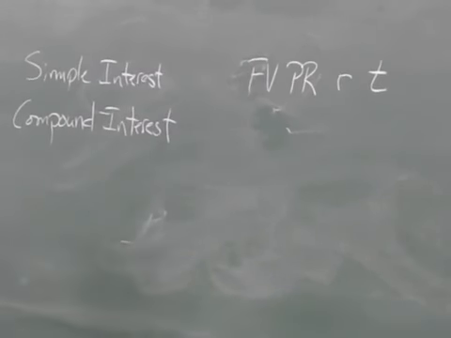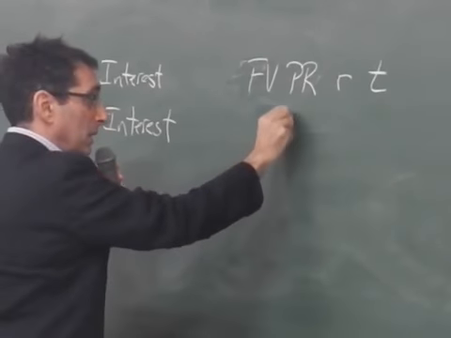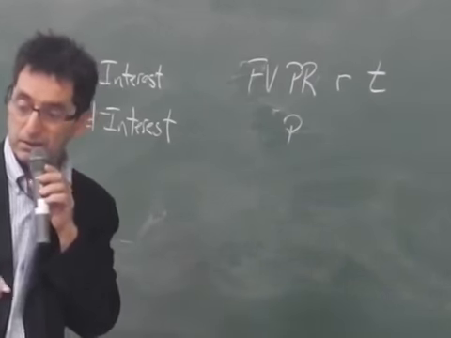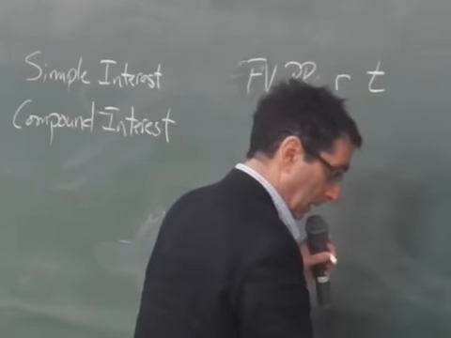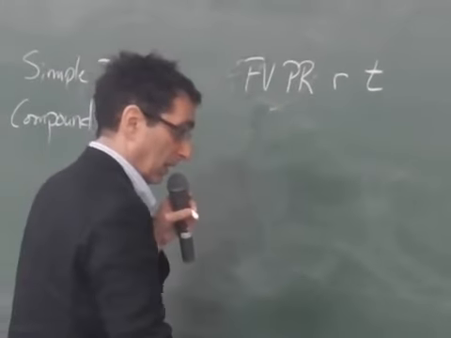But for the formulas that we have, we need to know what each thing is. By the way, I think in some of the videos in the textbook, he uses P for present value. So he might use P instead of PV. But in the text itself, they do use PV.